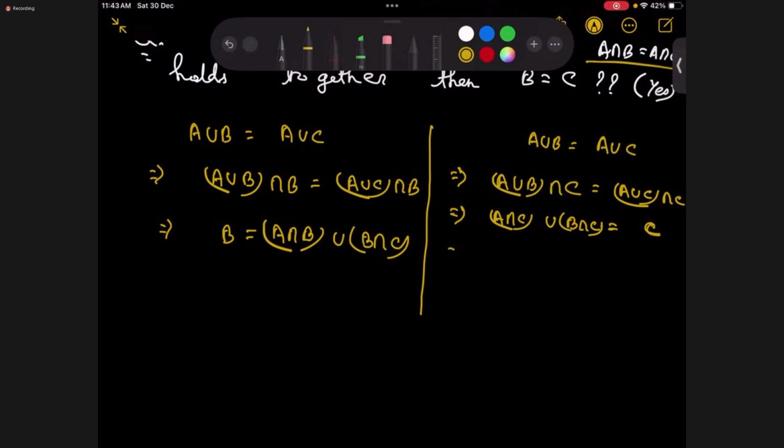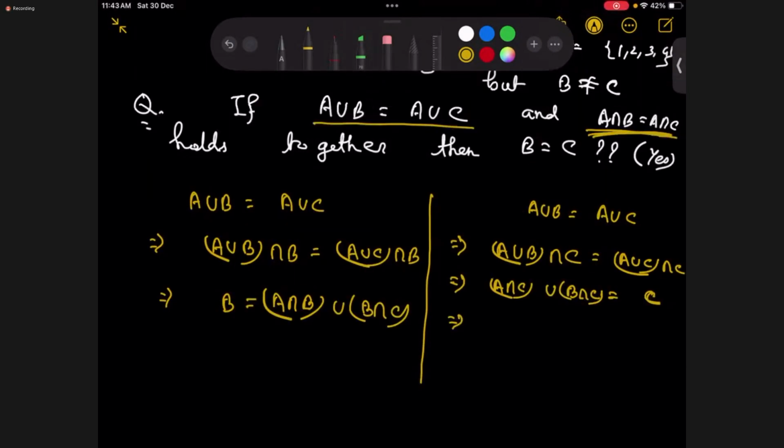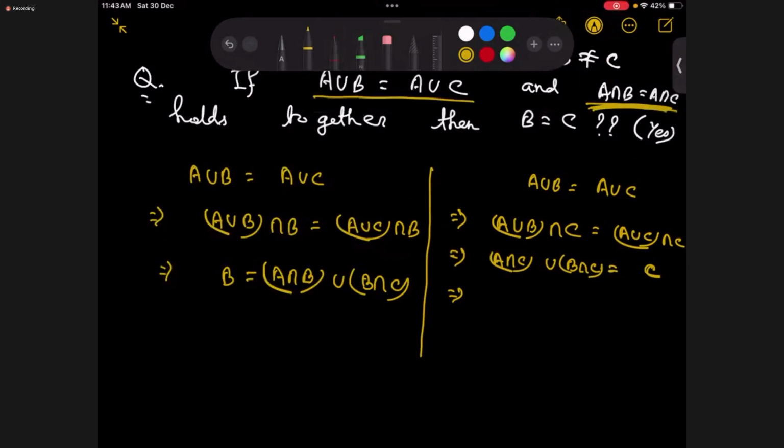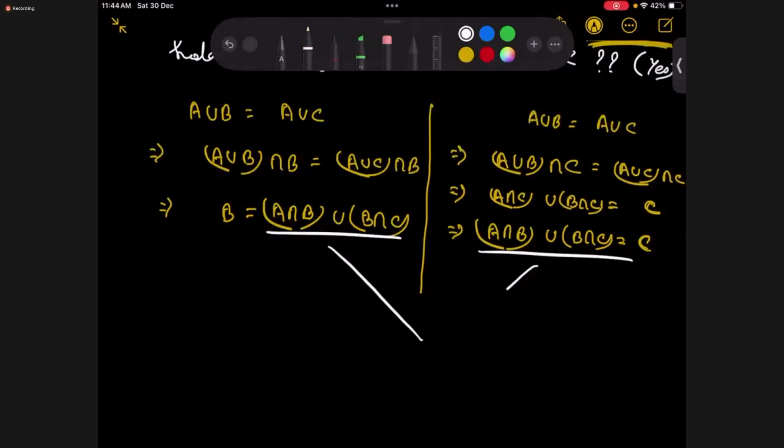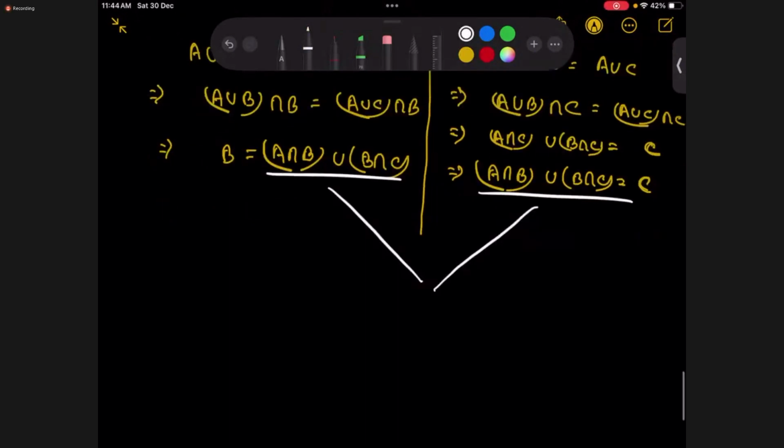Using that, we can write A intersection C union B intersection C equals C. Now check, this and this are equal. Hence, together we can say B equals C.